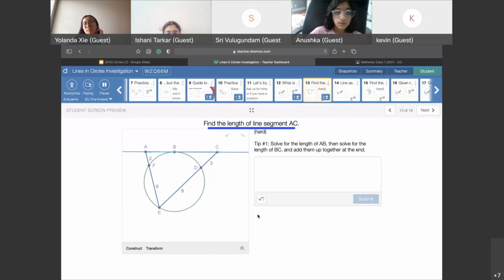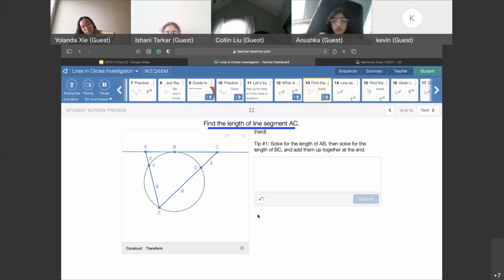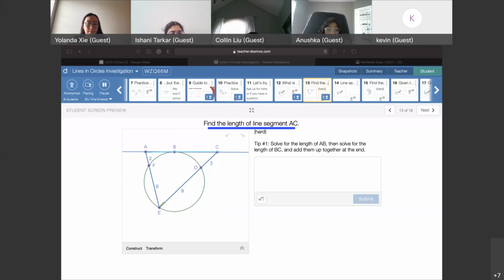For the third power of a point equation, is A always the longer line? A is always the line that's tangent to the circle. So that's the one that runs on the outside of the circle but doesn't intersect. For example, I'll give you a hint.